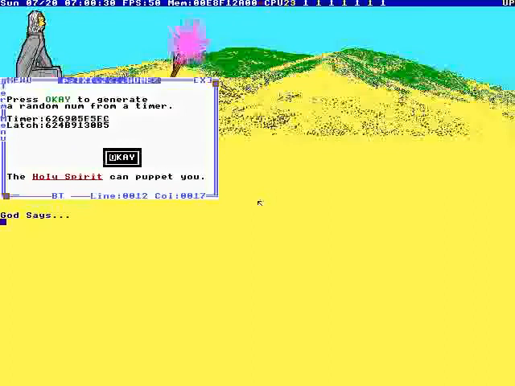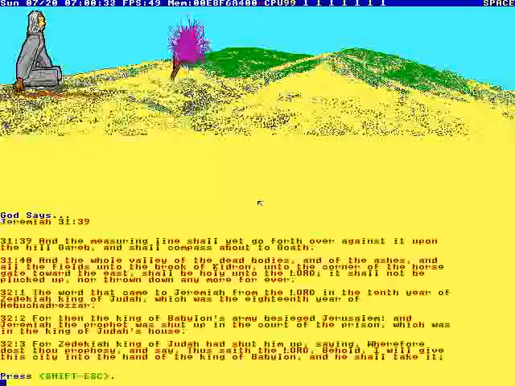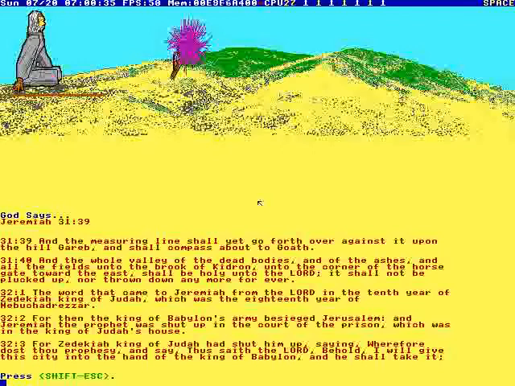This is not Horeb. Anyway, and the measuring line go forth against upon the hill Gareb shall compass about Goath, and the whole valley of the dead bodies and of the ashes in the fields, brooks Kidron, corner of the horse gate to the east shall be holy unto the Lord, shall not be plucked up or thrown down any more forever.